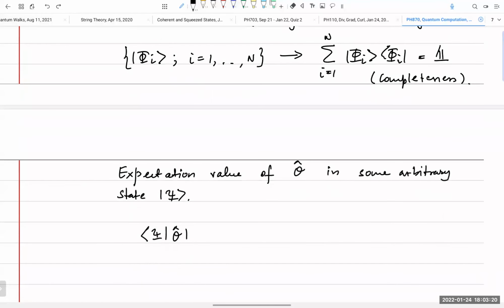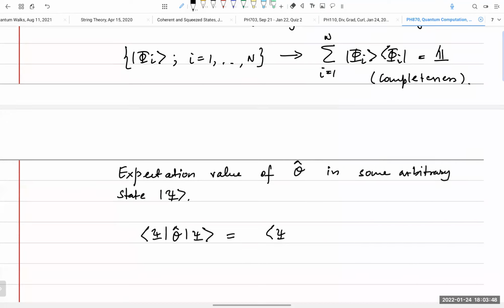So when I take the expectation value of the operator in some arbitrary state, what I can do now is insert this resolution of the identity.